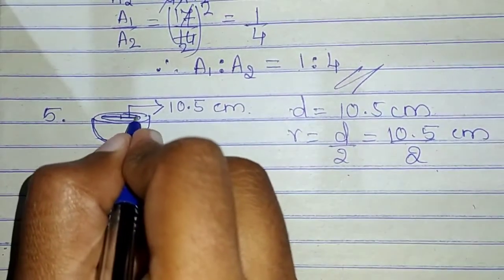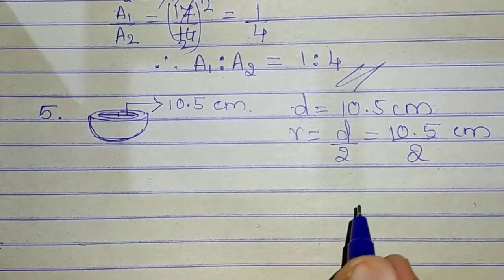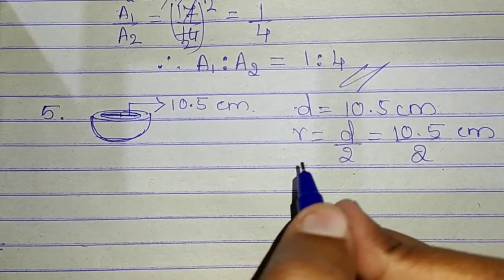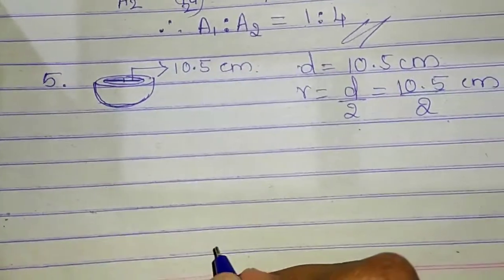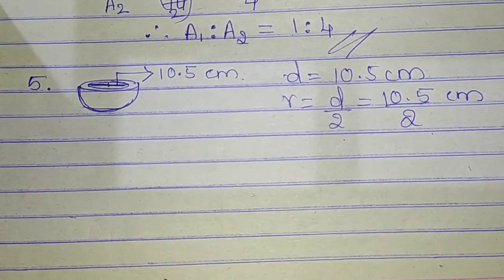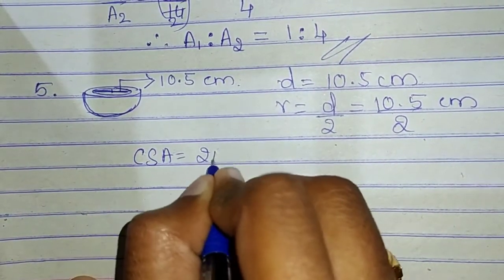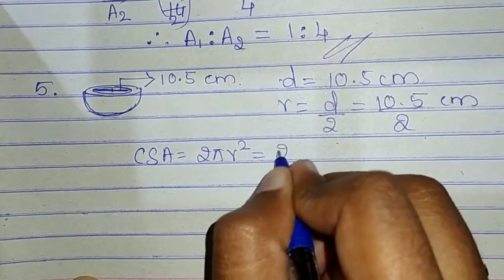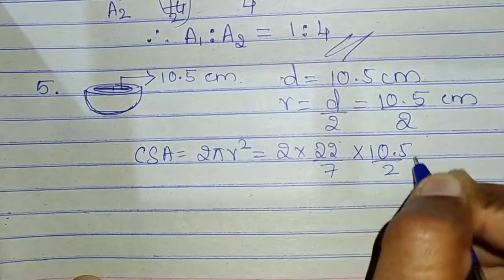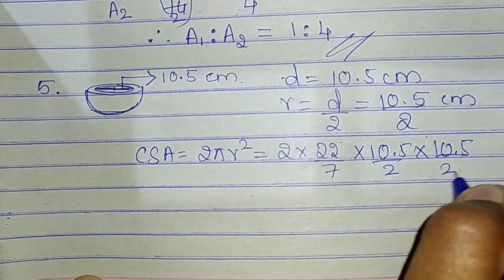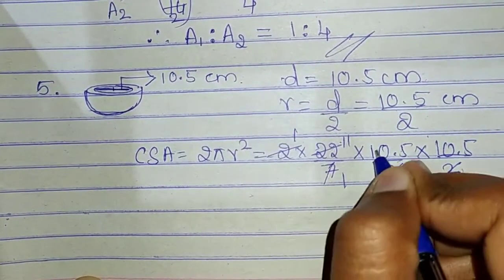We are supposed to find the cost of tin plating the inner surface area. When we talk about the inner surface area, we are only considering the curved part and not the top circular part. So CSA is equal to 2 pi r square, which is 2 into 22 by 7 into 10.5 by 2 into 10.5 by 2.